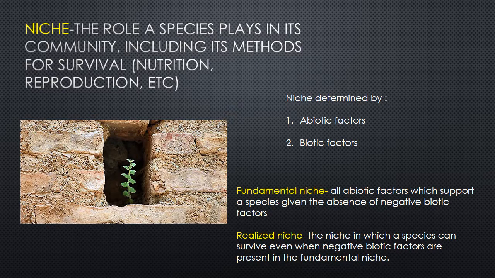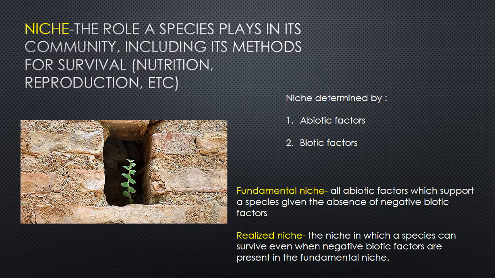When we look at those things, we can actually divide the niche into two different things, either the fundamental niche or the realized niche. A fundamental niche is all the abiotic factors which support a given species in the absence of the negative biotic factors. So basically, all the physical places are right for this particular organism, so everything's great.